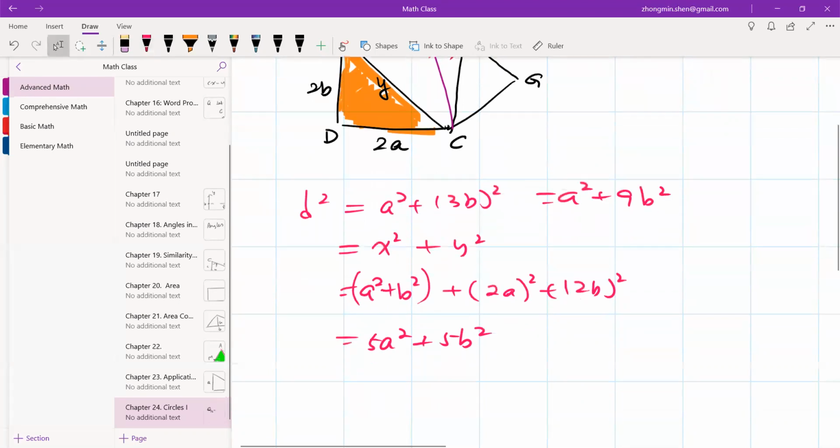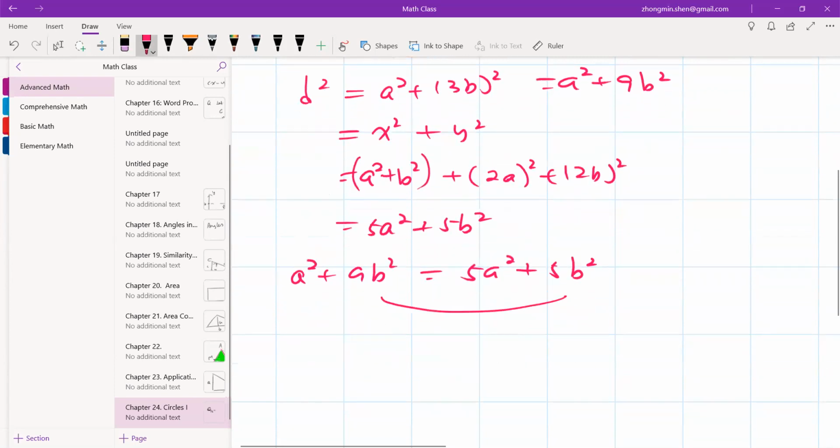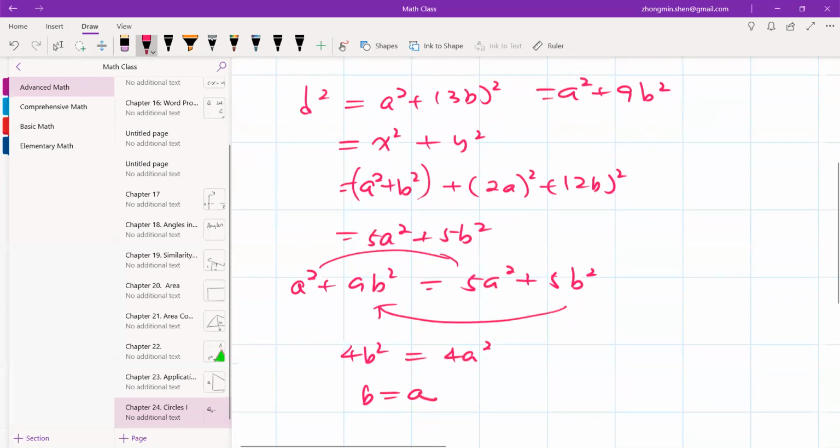So from here you can find the equation: A squared plus 9B squared equals 5A squared plus 5B squared. You move this term to the left, that term to the right, and you have 4B squared equals 4A squared. So B equals A. That's great. Once B equals A, then the rest of it is easier.